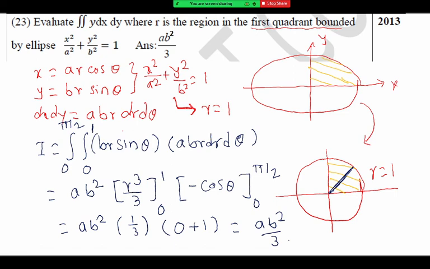This last part, the double integration over the ellipse, is not so important. I am sure that these examples will definitely not come in the exam. Maximum up to type 4 are mainly the important ones. Type 5 transformation may come, but only for the standard Cartesian to polar, that is, x is r cos theta, y is r sin theta.